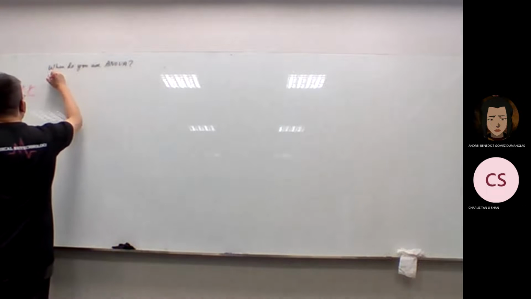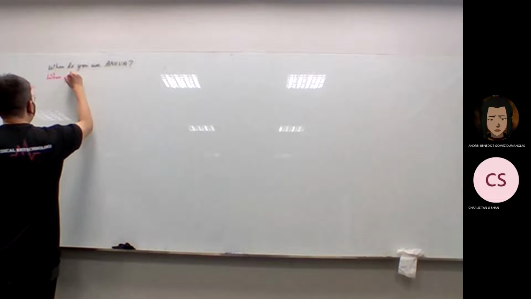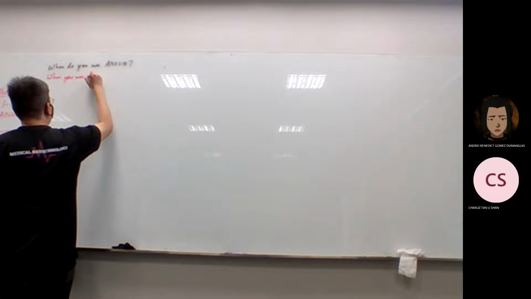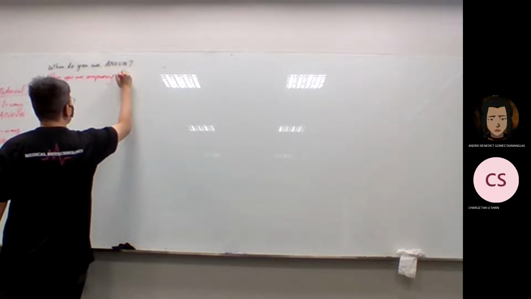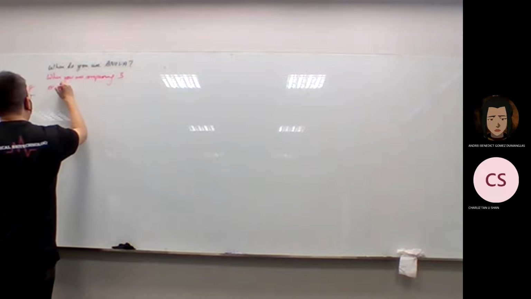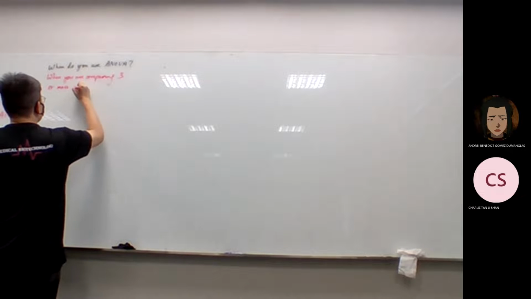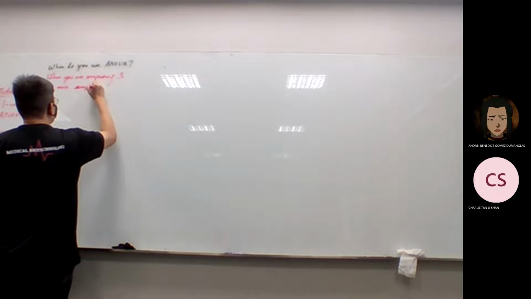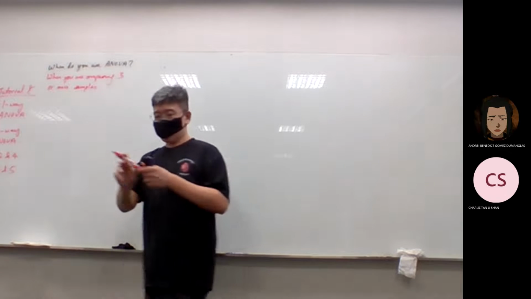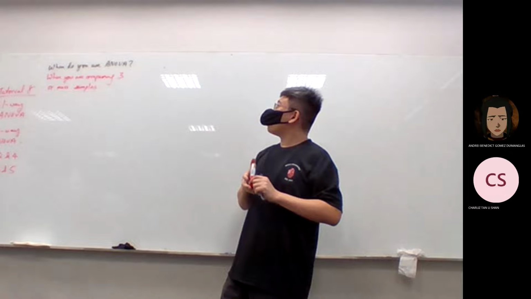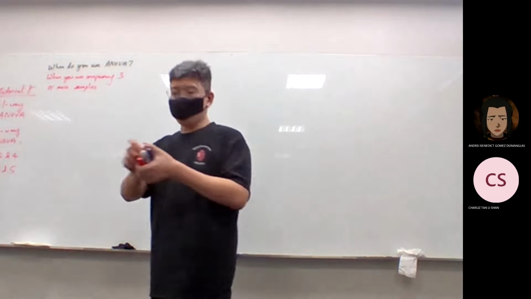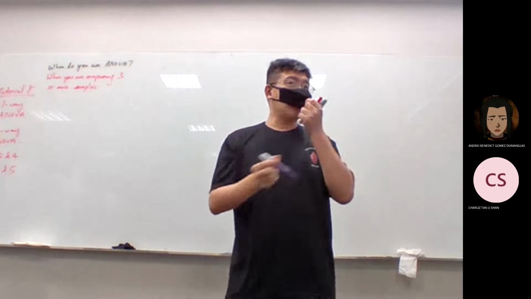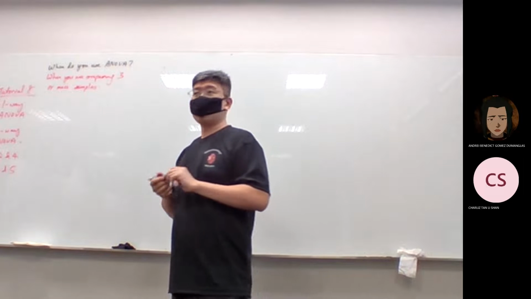So basically, when you are comparing three or more samples. Because when you're comparing three or more samples of population, the good thing about ANOVA is the null and alternate hypothesis is fixed.